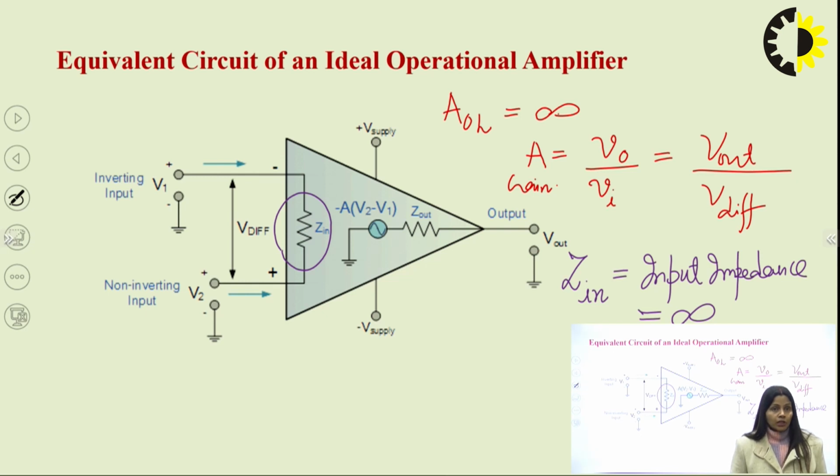The next property of ideal op-amp which we are going to discuss is Zout. Zout is low for operational amplifier. I told you that Zout is very low. So what is Zout? Zout is output impedance.